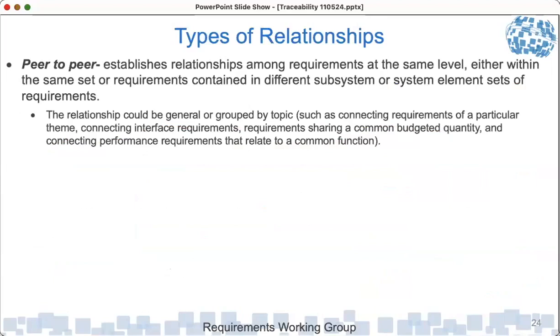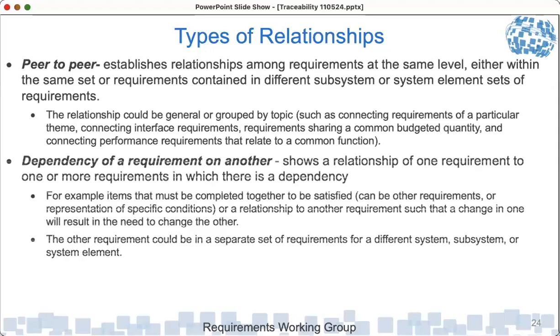And this is often requirements at the same level, either within the same set of requirements or requirements contained in different subsystem or system element sets of requirements. The relationship could be general or grouped by topic, such as connecting requirements of a particular theme, connecting interface requirements, requirements sharing a common budgeted quantity, and connecting performance requirements that relate to a common function.